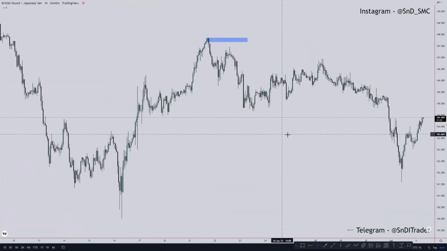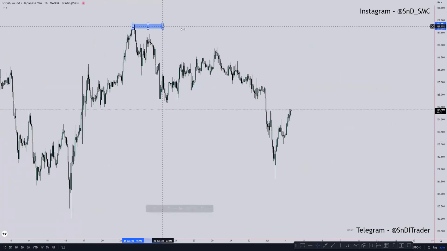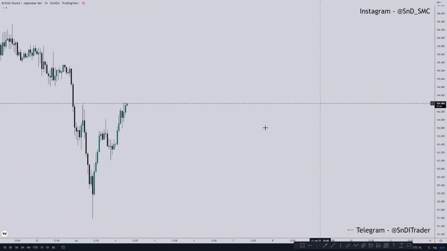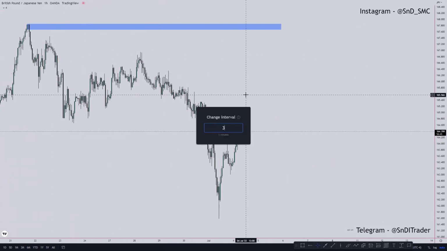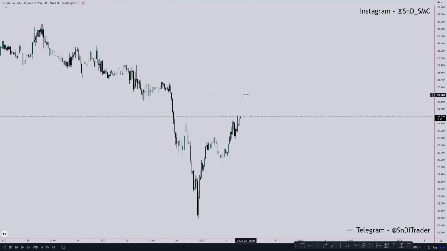So I will select this zone now as my point of interest. And below this one there is no candle which has taken out liquidity. This has taken out liquidity, this has taken out liquidity, but we don't have any fair value gap around here. So I will just go on a lower time frame, like 30 minutes.